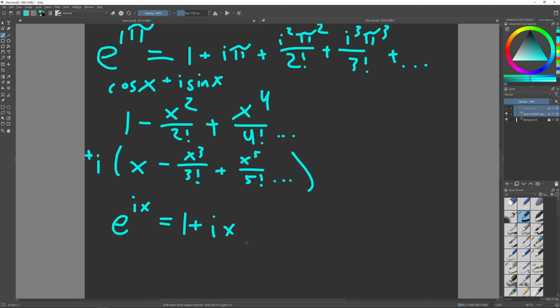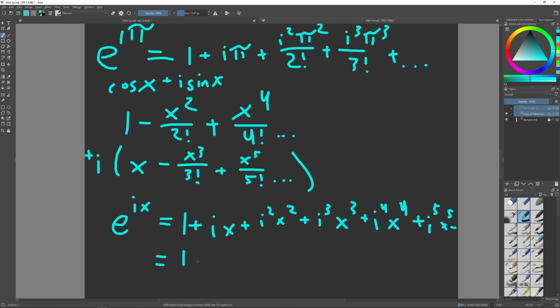We need to do both of these. Plus the next term is going to be I squared x squared plus I cubed x cubed plus, I'll just write this out, 2 more terms, I guess, so we can make sure everyone sees the pattern. I to the 5th, x to the 5th, dot, dot, dot.